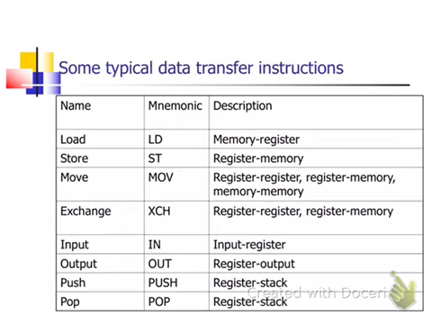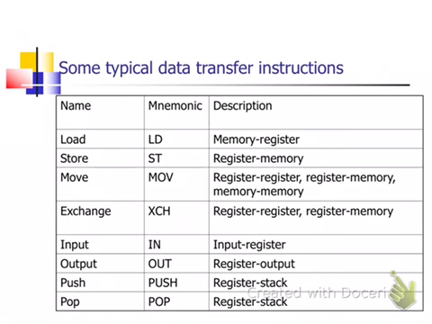Let me just show you some examples. These are some data transfer instructions: load, store, move, exchange, input, output, push, pop. Push and pop are for the stack. In and out are for the input device to the register, and out is for register to output device.